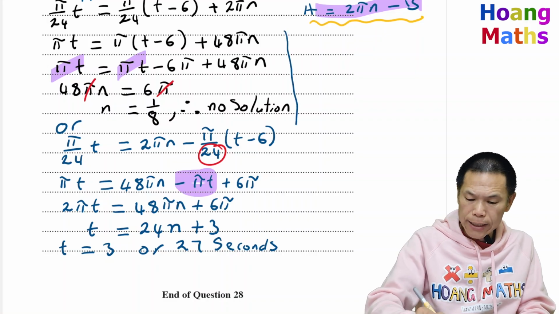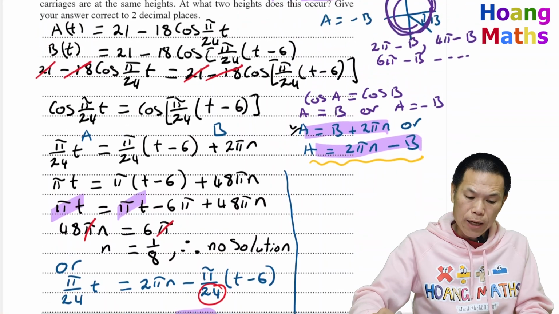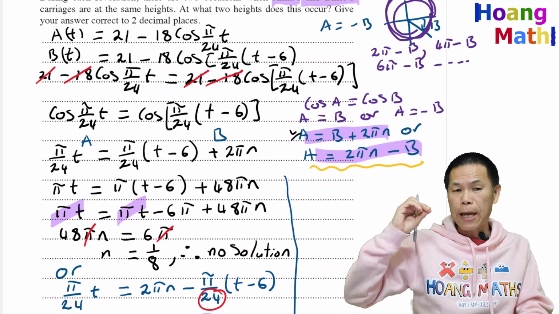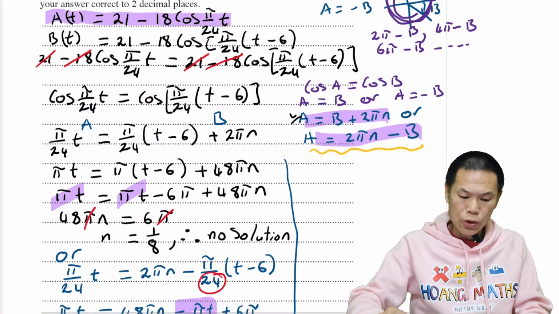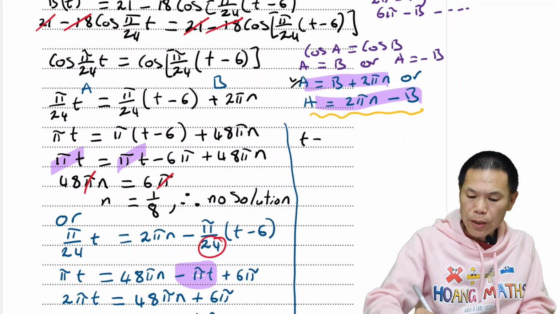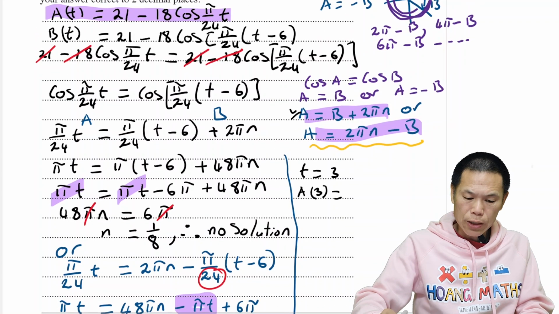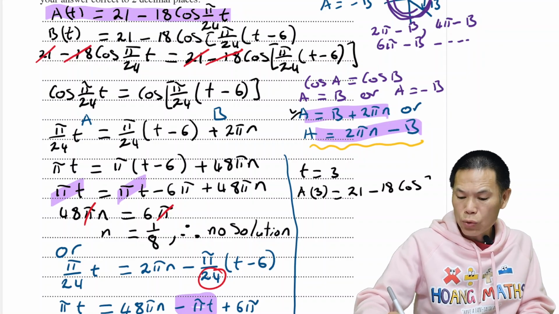So the height: we can substitute the time into either Anna's height or Billy's height, because they are both the same height at this time. Let me just substitute in here, it's simpler. When t is 3, I(3) is 21 minus 18 cos of 3 pi over 24.